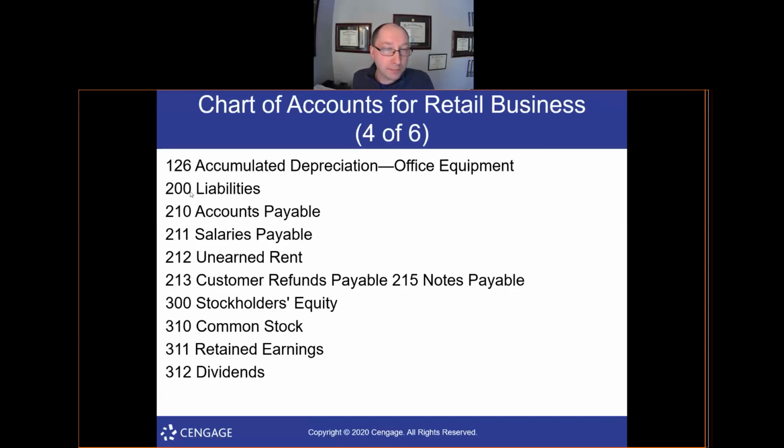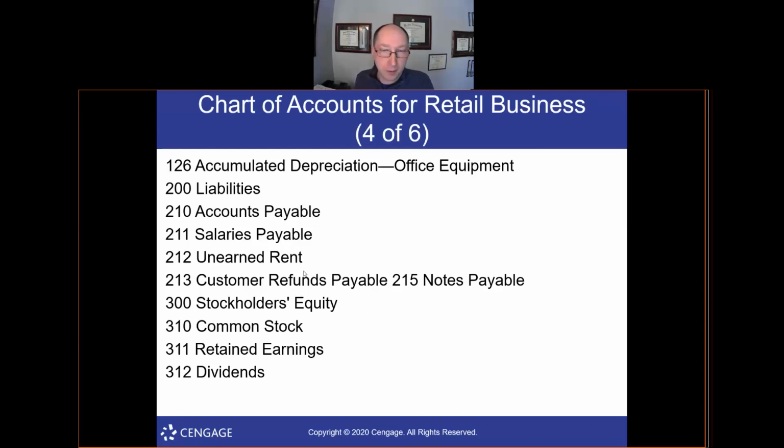Under liabilities, which starts with 200, we have accounts payable, salaries payable, unearned rent, and 213, customer refunds payable.